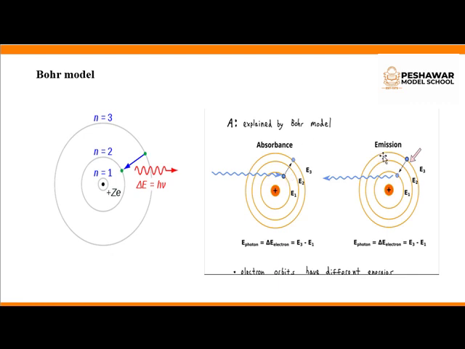But when it jumps from a higher energy level to a lower energy level, it emits radiation or energy in this form. This energy which it emits or absorbs is in the form of a photon, which is equal to h nu.